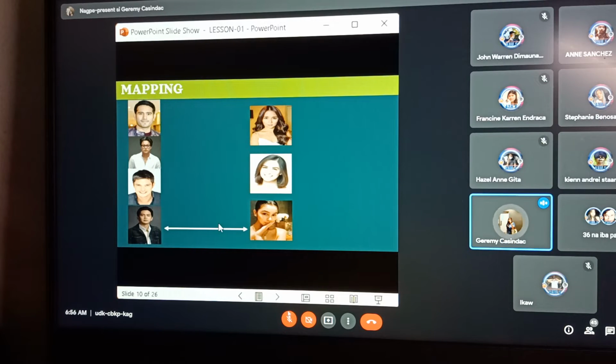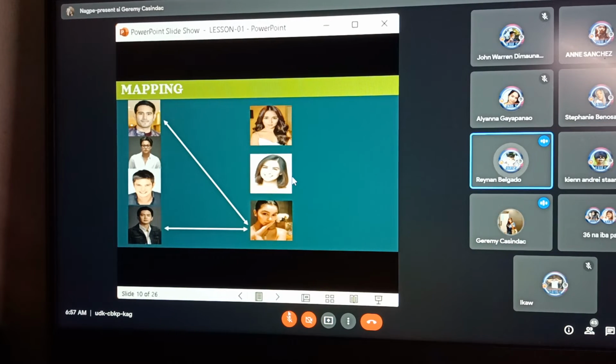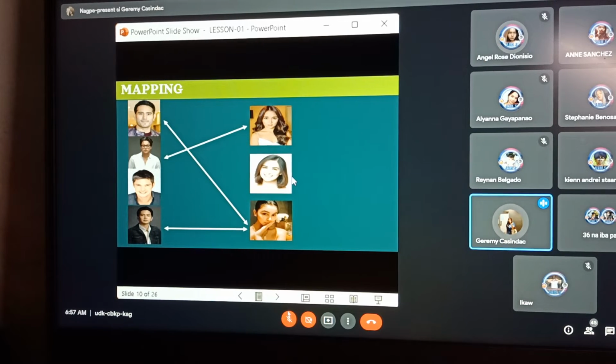So given na si Joshua and Julia, so therefore we are going to match now Gerald Anderson to who? Julia. Daniel Padilla again is for? Catherine po. Okay, that's correct. Catherine Bernardo, and Ding Dong is for? Marian. Okay.